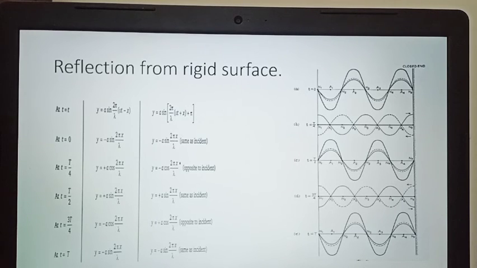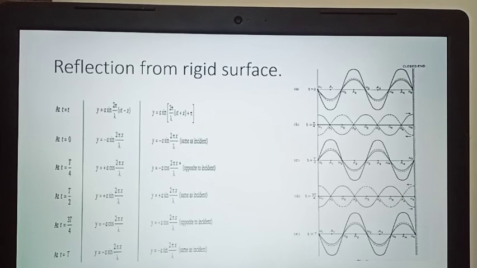We have seen the same for the open organ pipe also. The difference is that in an open organ pipe, the incident wave and reflected wave are in phase. There is no phase difference. Again, you follow the same pattern. You represent y1, y2, and then y1 plus y2 as y, with the time independent term in the amplitude.